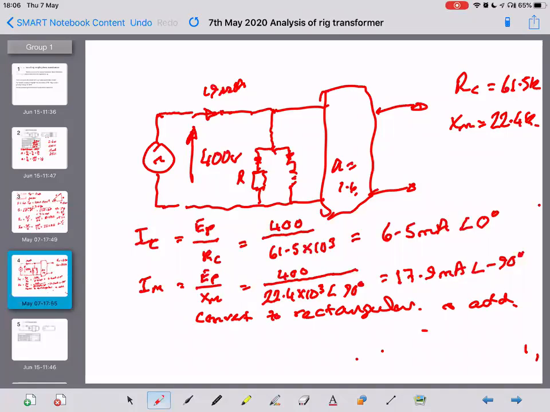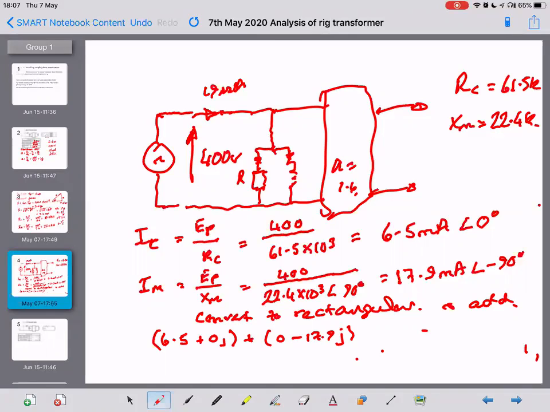They're both milliamps, so that's 6.5 plus 0J, and then this is going to be 0 minus 17.9 J, because they're both pure components.